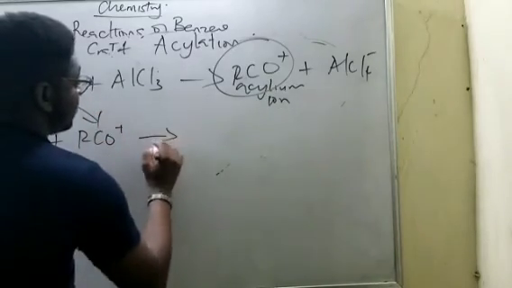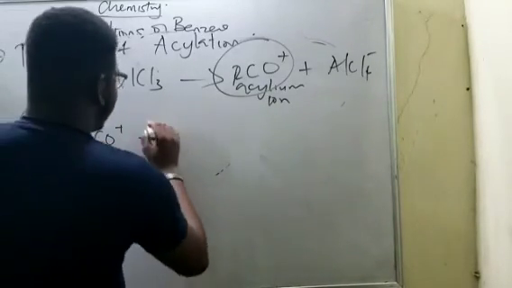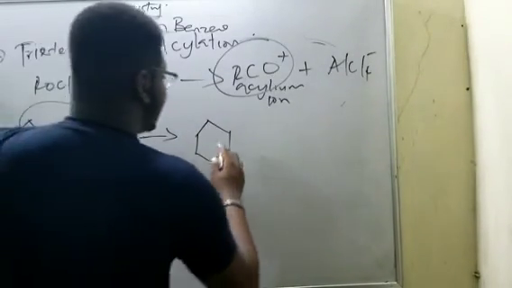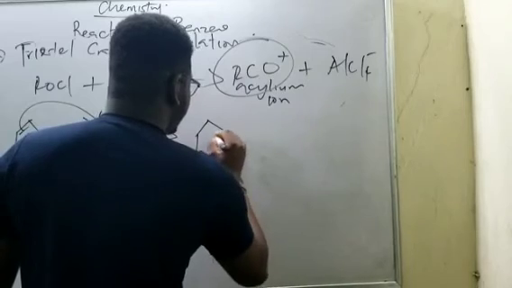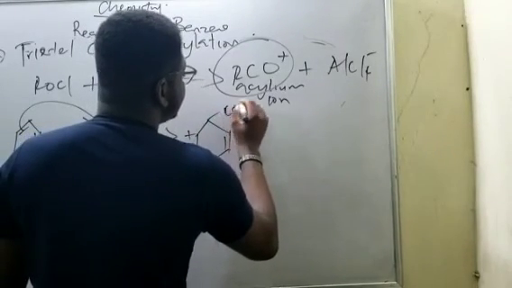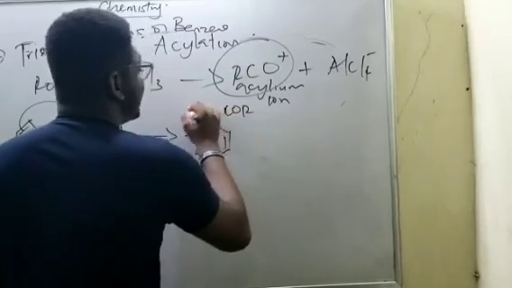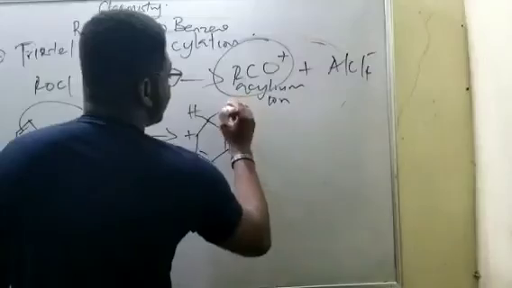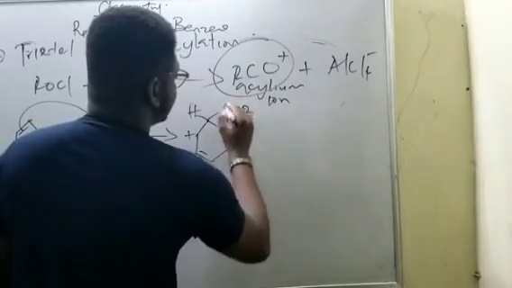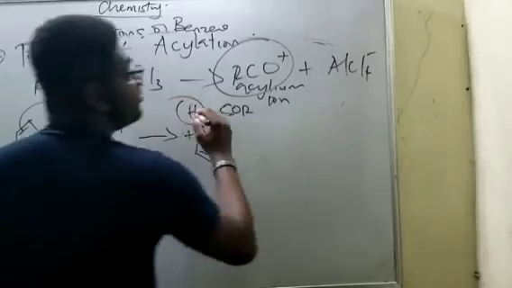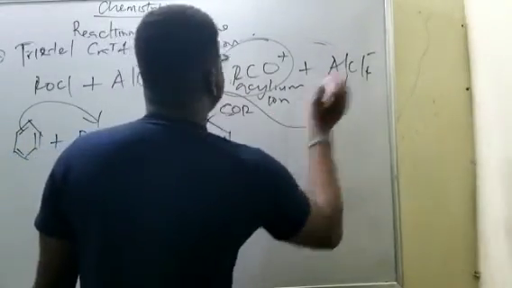And when that happens, it is just the same process all over again. We are left with this COR and H. Then the proton needs to leave, the same process just like we have done earlier.